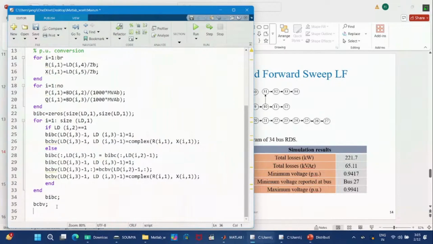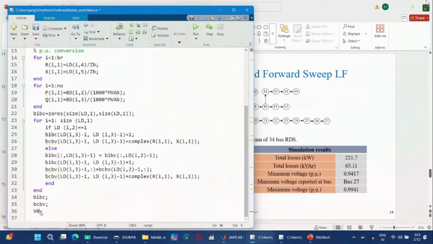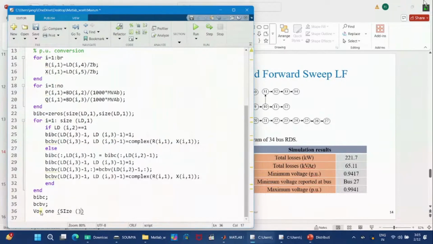So let's write the voltage at first iteration. The initial voltage for the first iteration is 1 for all of the node bus voltages. So we can write it this way.